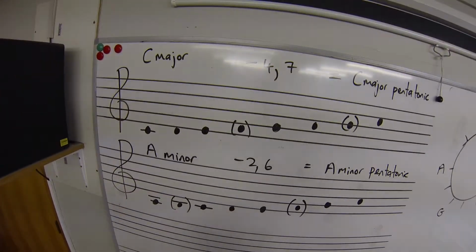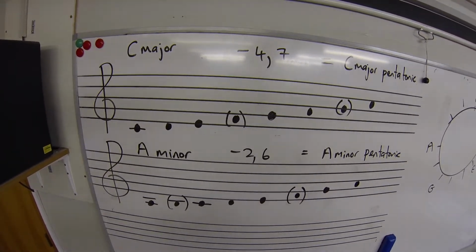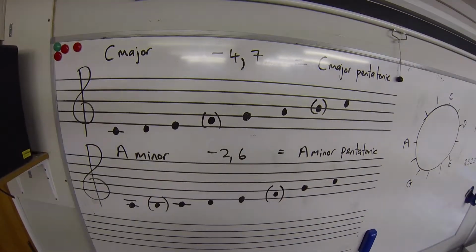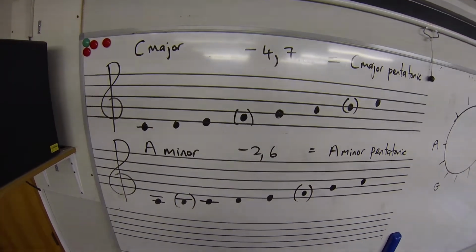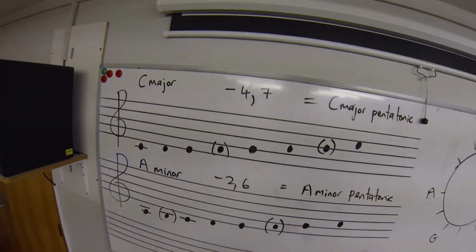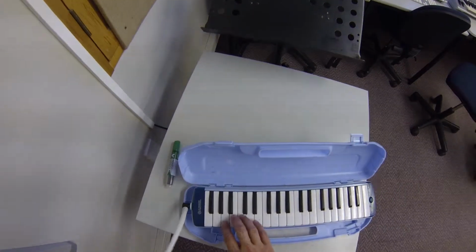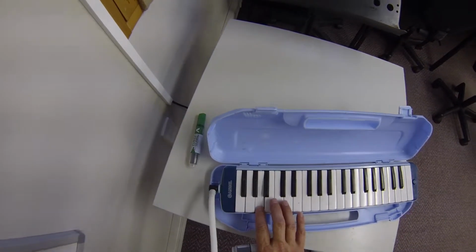Now, the minor pentatonic also removes 2 notes, but the pain in the backside is that it removes 2 different notes. It doesn't remove notes 4 and 7. It removes notes 2 and 6. So I'll just find an A here, and we'll see what the minor pentatonic sounds like.